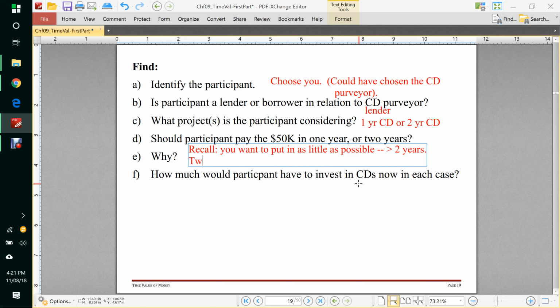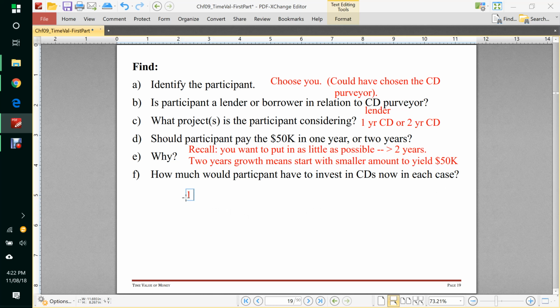Because 2 years growth means start with smaller amount to get to 50K, because you're going to have 2 years of compound interest that you're going to enjoy instead of just one. So you can start with a smaller amount. So how much would you have to invest in the CDs in each case?